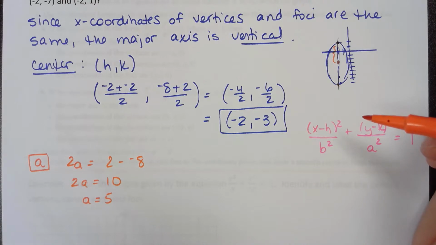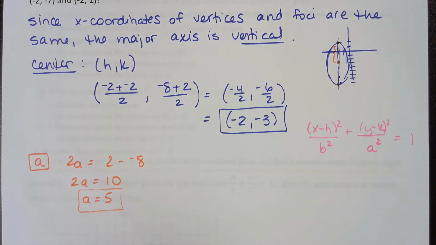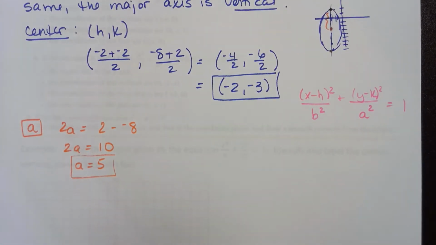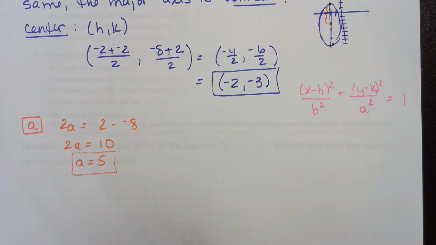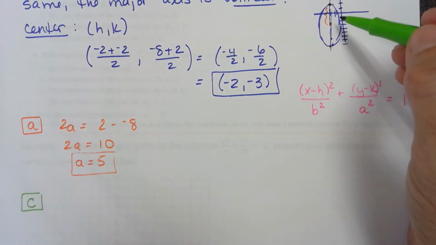Let's put a box around that so we know where it is. Now, how can we find c? We're given our foci, so we can find c. Remember, in this particular problem, your foci are going to be somewhere in here, right?